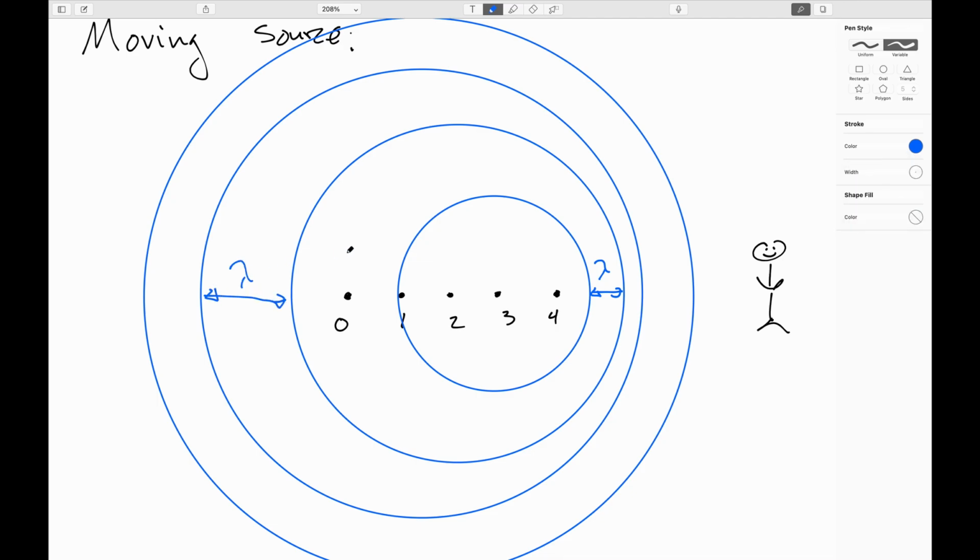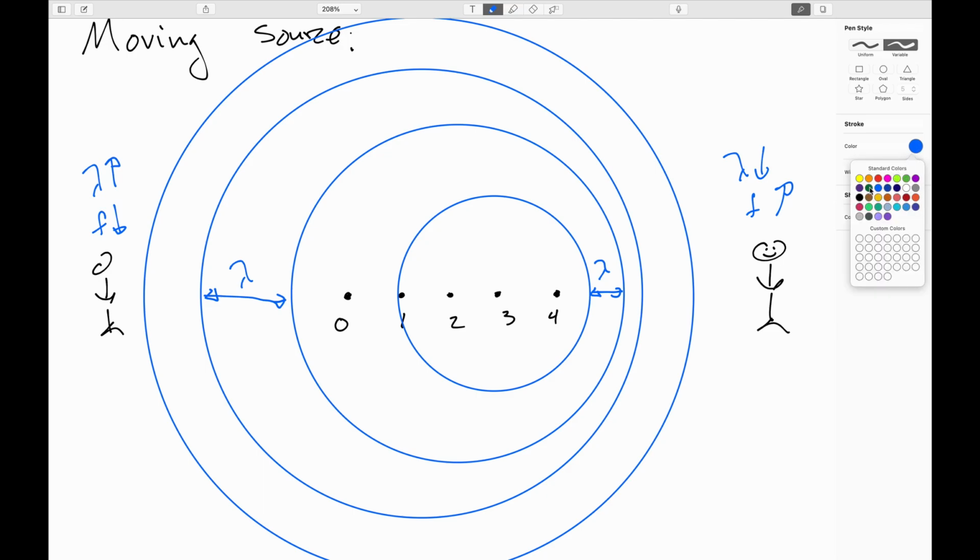So as the source moves toward you, that has the effect of causing the wavefronts to pile up. As the source moves away from you, if you were over here, that would cause the wavefronts to get stretched out. So over here, you would be hearing a shorter wavelength, higher frequency. And similarly, if you were over here, you would be hearing a longer wavelength, therefore a lower frequency.